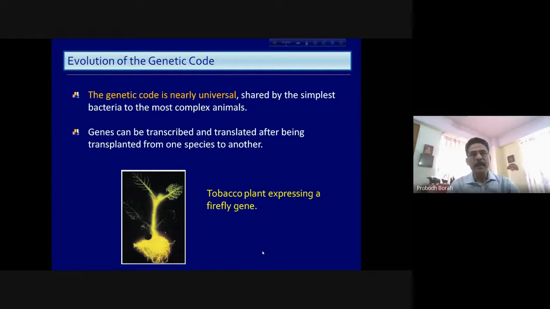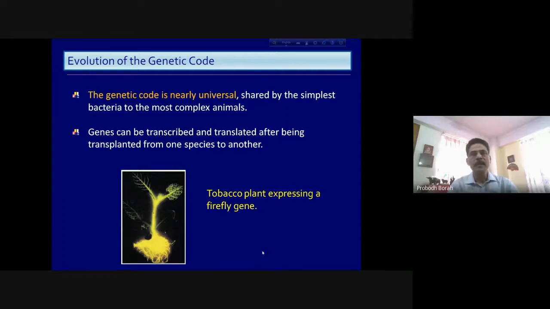As we discussed earlier, the genetic code is almost universal, except in a few cases where the codons differ in specific species, but there are very few exceptions. In 99.9% of cases, the genetic code is nearly universal, irrespective of whether an organism is a prokaryote or a eukaryote.